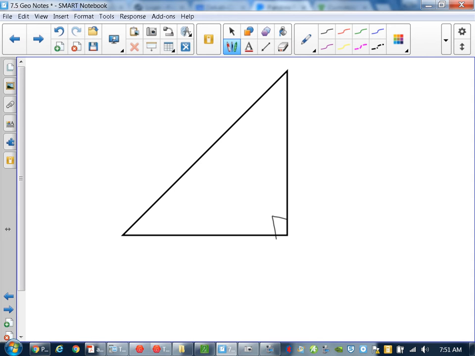So inside a right triangle, no matter what, of all 6 parts that are going to be in a right triangle, you will always know 2 of them, where the right angle is, and then where the hypotenuse is. So basically, you know 1/3 of the information, 2 out of 6.